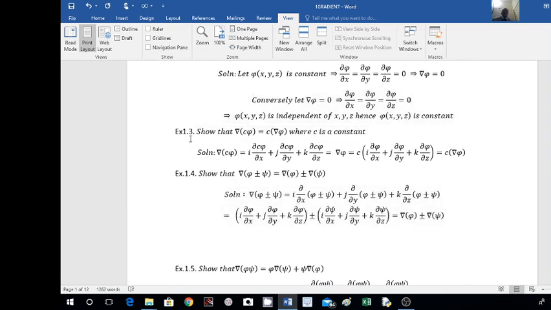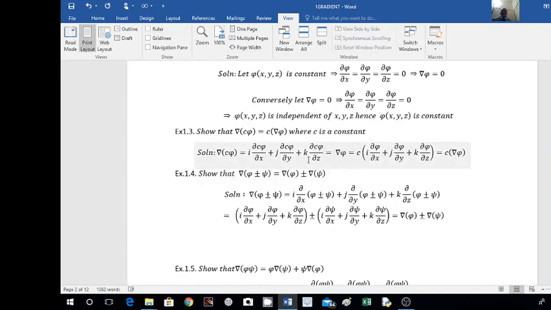Now, we have a small result here: show that del of c pi is equal to c into del pi. This is just like differentiation. We can take this c outside here, right? Now, by the definition, del of c pi equal to i into ∂/∂x of c pi plus j into ∂/∂y of c pi plus k into ∂/∂z of c pi.